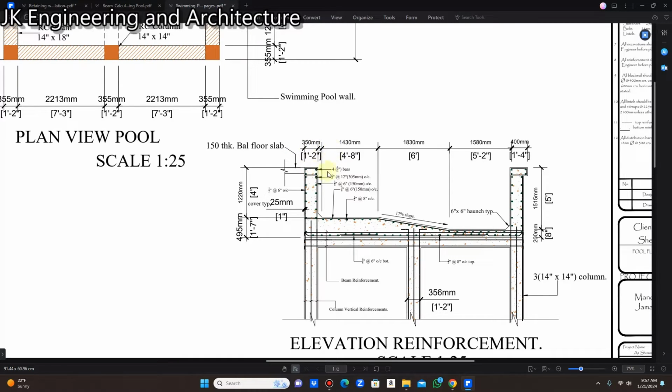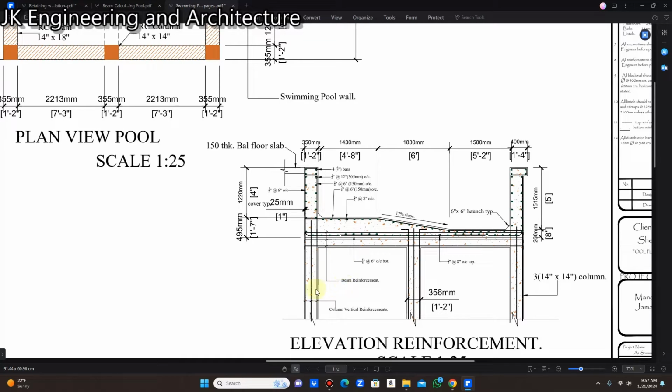Now, I didn't want to design a pool with such a thickness. That's too elaborate. So what I did was to cut down on the thickness of the wall and use reinforcement to compensate for the inadequate thickness. I'm going to show you the structural calculation for that.